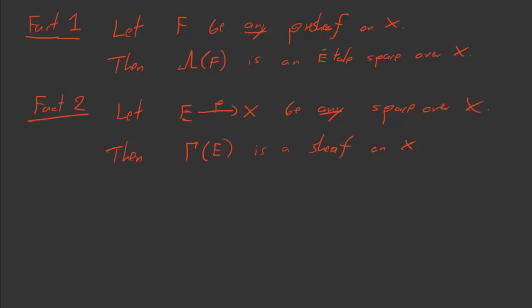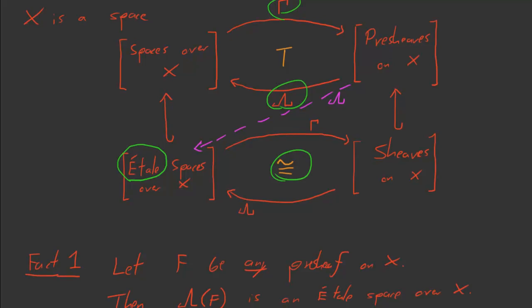So in other words, when you start with some space and apply gamma, you don't land just in pre-sheaf land up here, you actually end up in the subcategory of sheaves. So maybe I'll draw this, and this is gamma. In particular, the bottom part of this diagram makes sense, right?